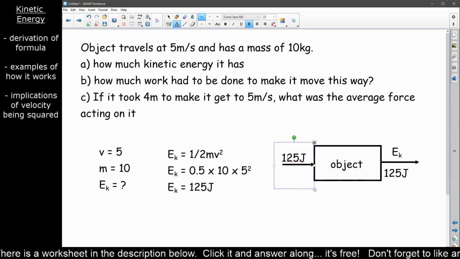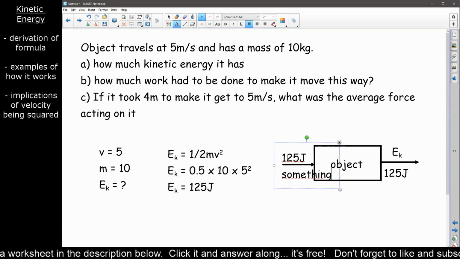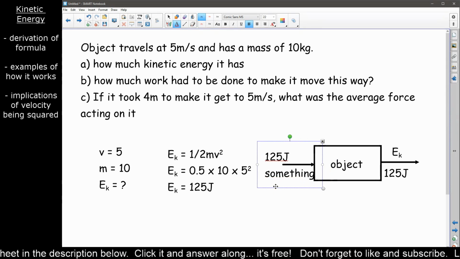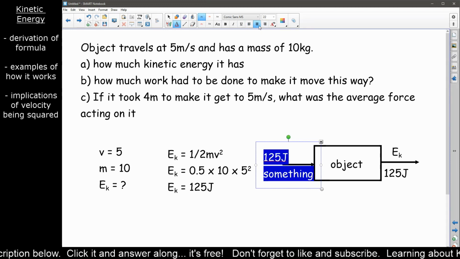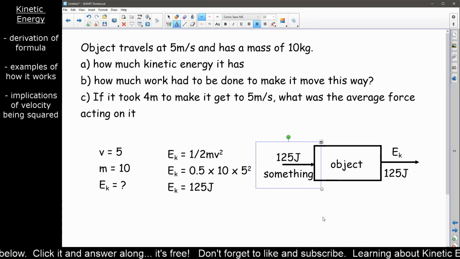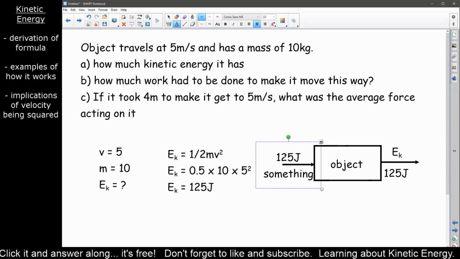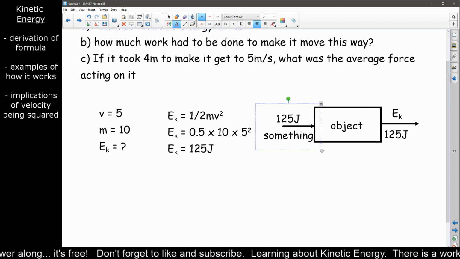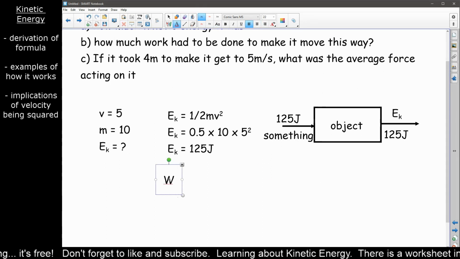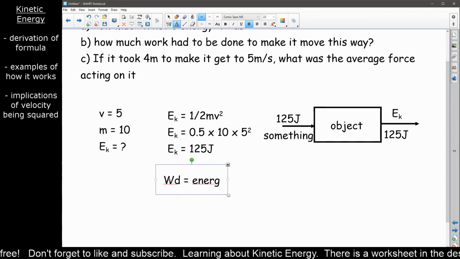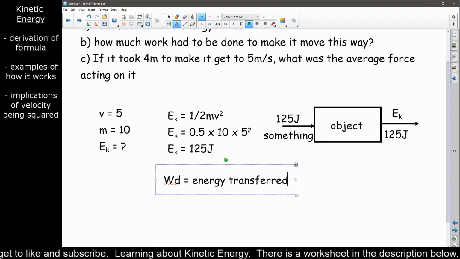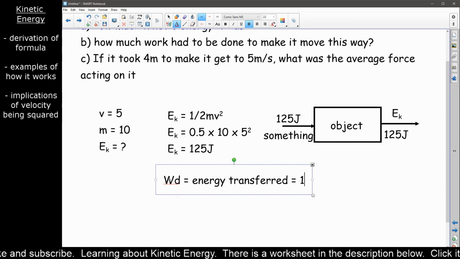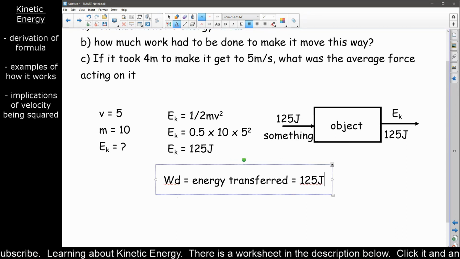Now, we're not told about it having any wastage or being inefficient, so it's okay for us to assume that it's perfectly efficient. So what happened? 125 joules got changed from one form into another. That is the definition of work. Work done is equal to energy transferred. So therefore, 125 joules got transferred, so the work done is just 125 joules.